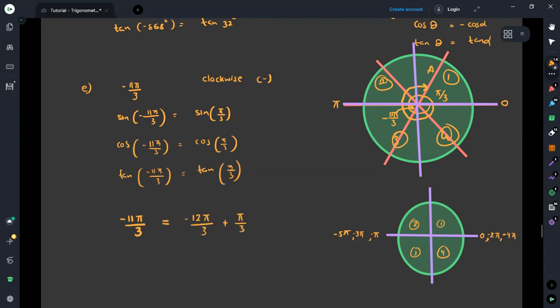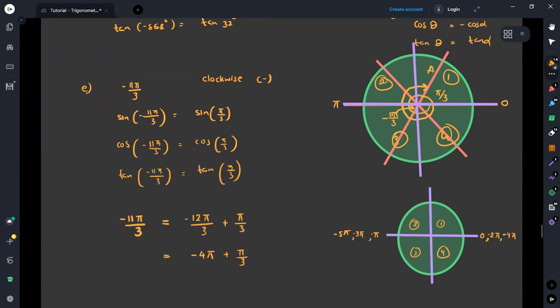Instead of taking this quantity, we can expand it as the summation of two angles. Then this can be written as minus 12 times π over 3, which is minus 4π, then plus π over 3. We can consider this way as well. If you are having the angle as negative, then it is in the clockwise direction. If it is positive, it is in the anti-clockwise direction.